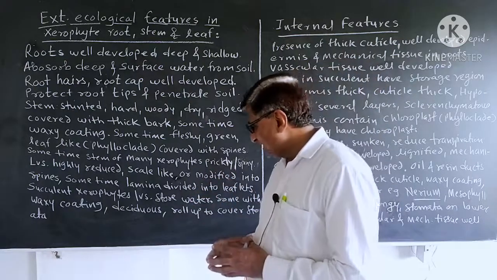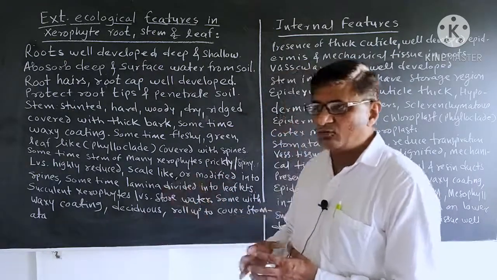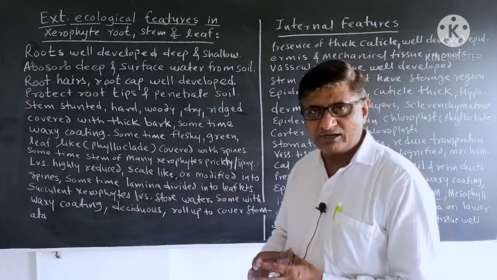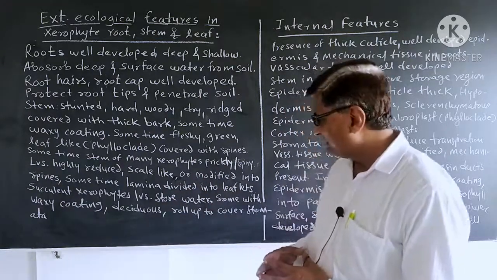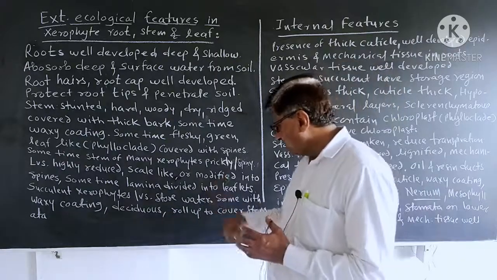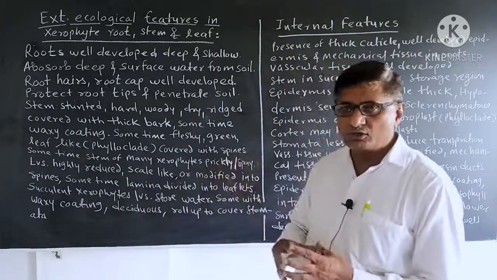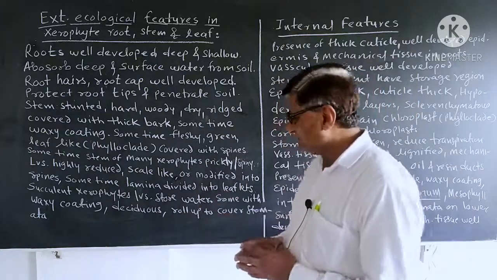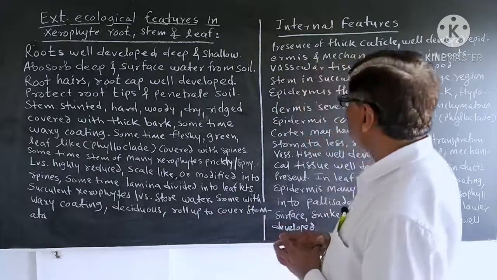Some leaves are deciduous, so they fall in the dry summer to avoid loss of water through transpiration. Some leaves get rolled up and cover the stomata, so the rate of transpiration is stopped or checked.